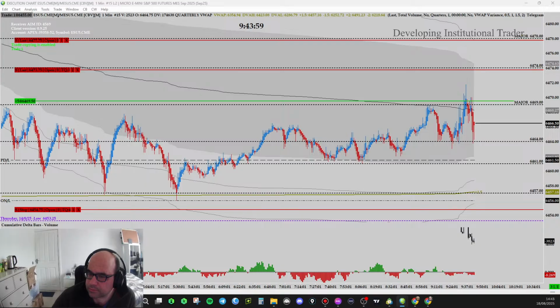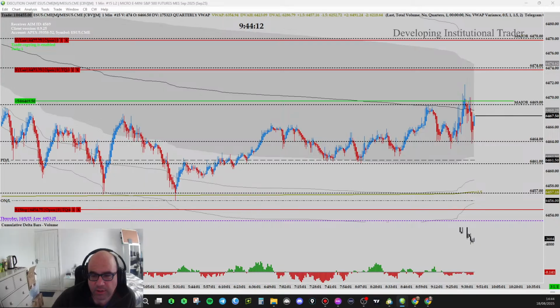I placed quite a wide stop because I want this one to play out. I just want to give it some room because I'm very confident it's gonna play out in the end. It just needs to absorb whatever it needs to absorb in the beginning, in the first half an hour, and then it's gonna pop up.